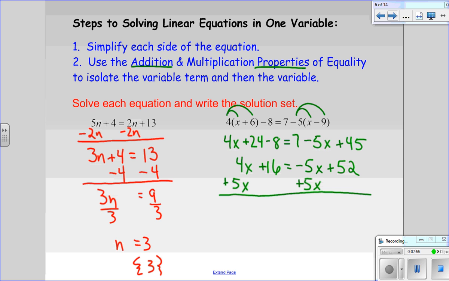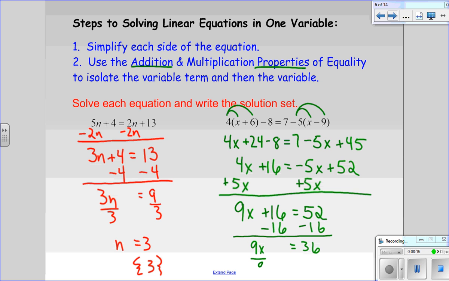Your steps will look slightly different than mine. Once I do that, I get 9x plus 16 equals 52. And I do my final two steps of isolating my variable term: 9x equals 36. And then isolating my variable by using the multiplication property, x equals 4. Therefore, 4 is my solution.